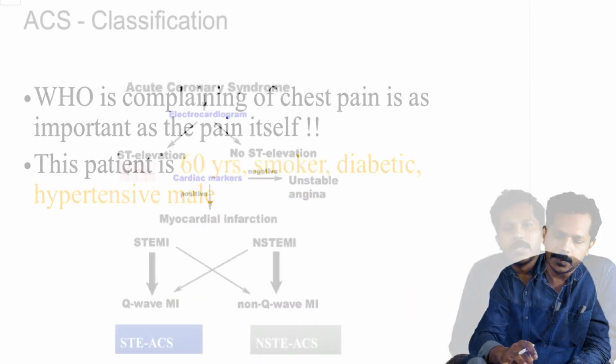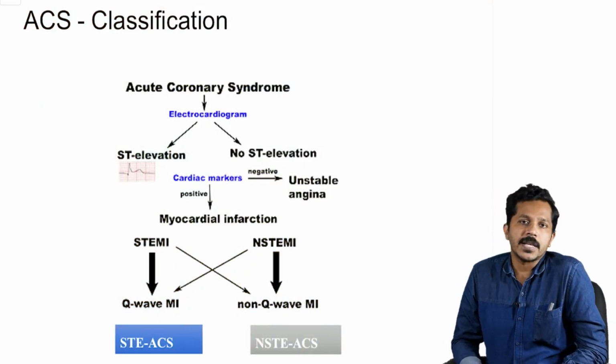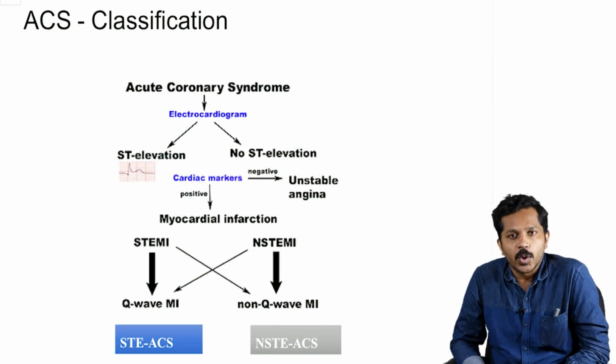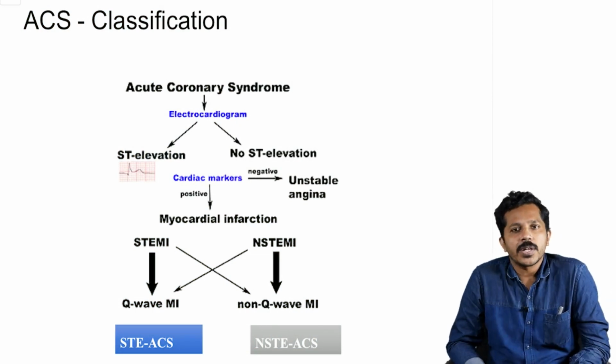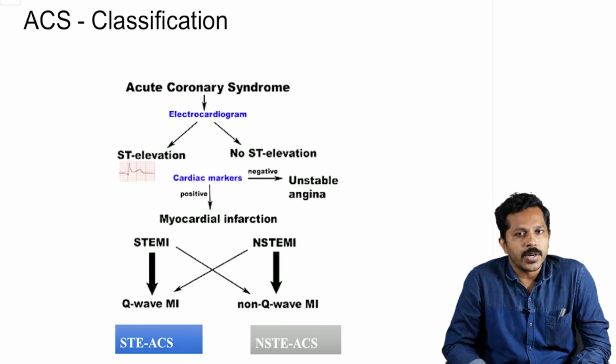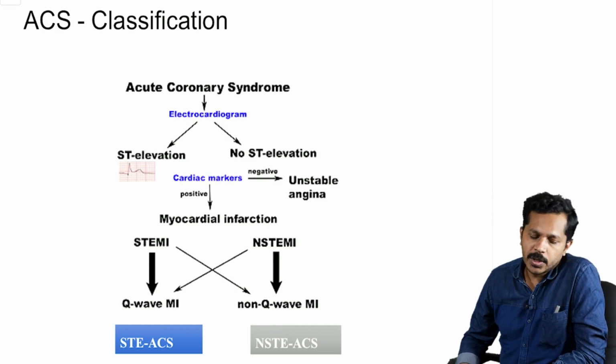Now a patient who is presenting with chest pain as angina most likely has an acute coronary syndrome. Previously we used to call it myocardial infarction. Now the present term is acute coronary syndrome.